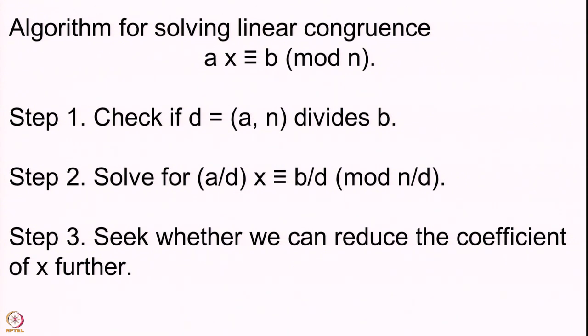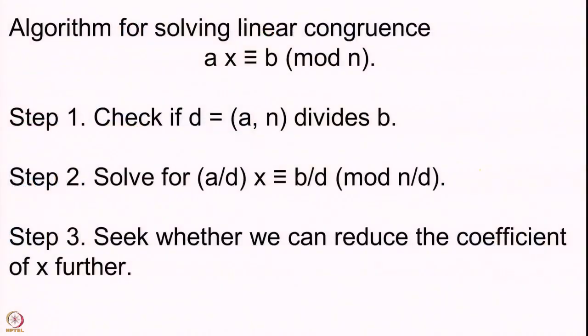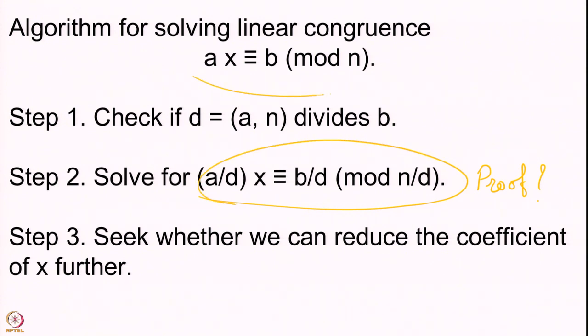So, there are two methods to doing it, but before we go to do that, we need to prove the statement that we have made here. What we want to show is that a solution to this is equivalent to having a solution to this.